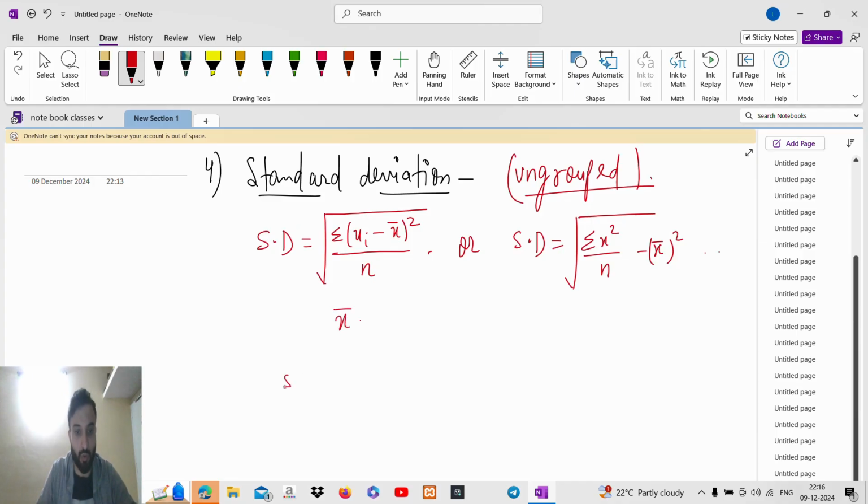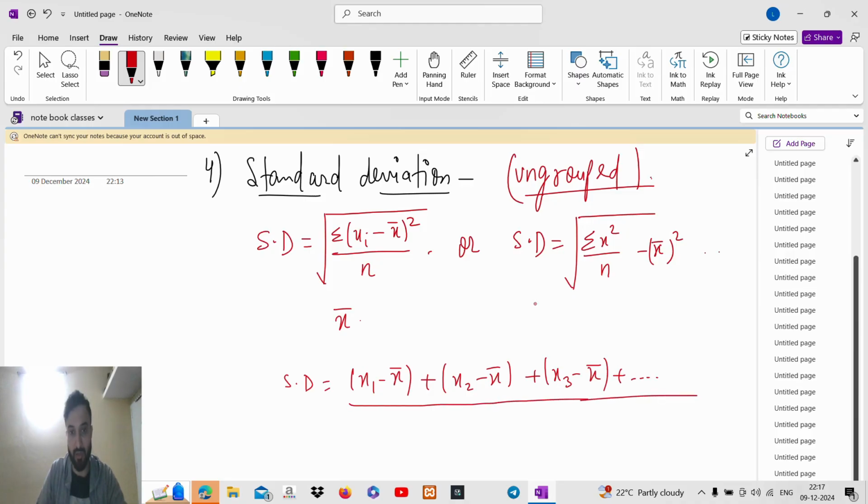Then, standard deviation is summation, so all will be plus. The same thing we did before: observation minus mean, plus observation minus mean, plus observation minus mean, and so on, whole divided by small n, the total number of observations.